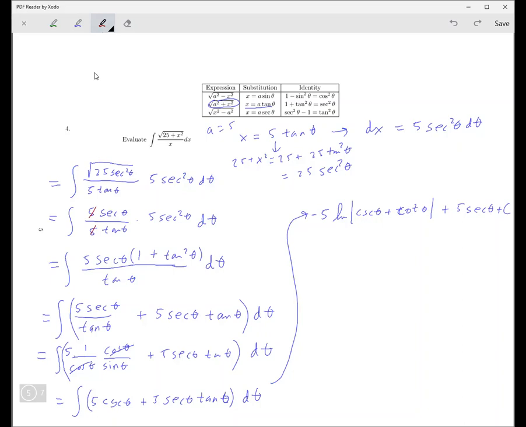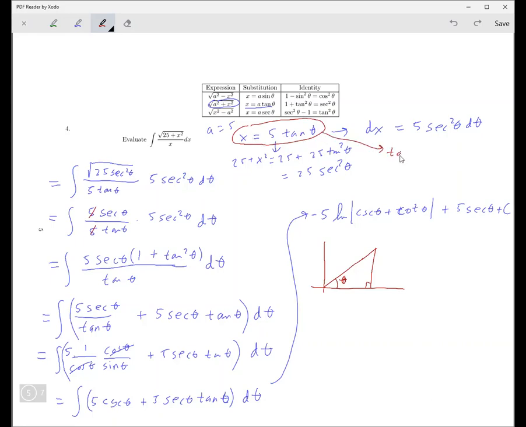Okay, now what you also need to do at this point is switch it back into x's, because the original is in x's, so you can't have an answer in thetas. So draw a little rectangle. Always draw it in the first quadrant. So here's theta. And we know that x is equal to 5 tangent theta.